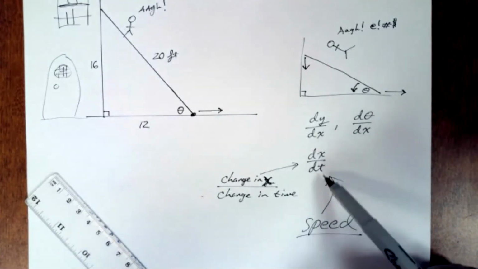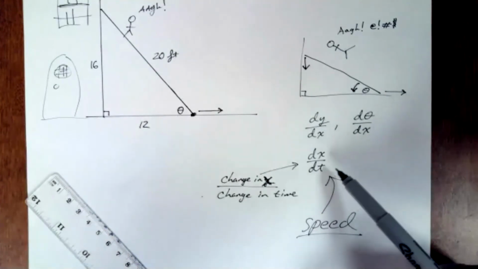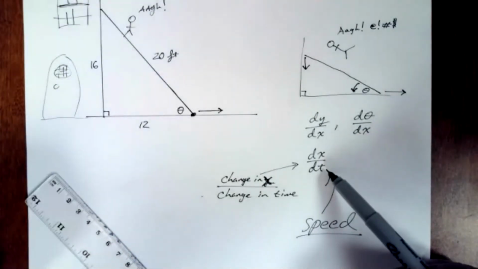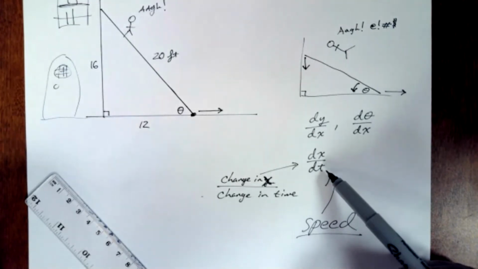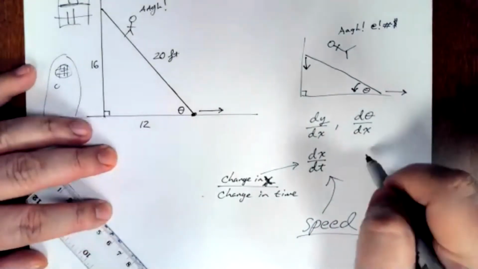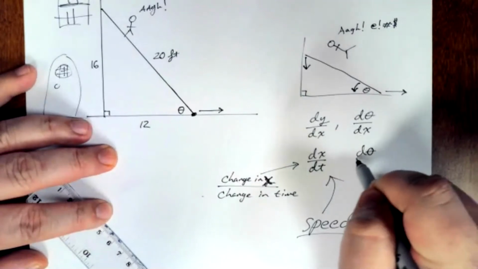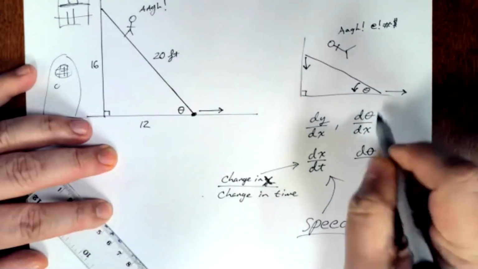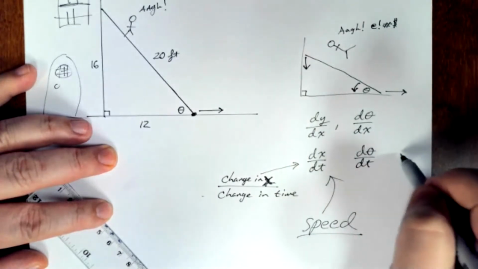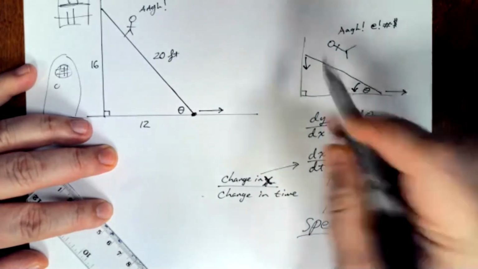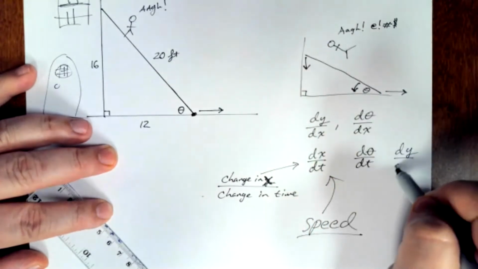How much does something change in a certain amount of time? Think of miles per hour, feet per second. I could also describe how fast is the angle changing, or how fast is the ladder falling.